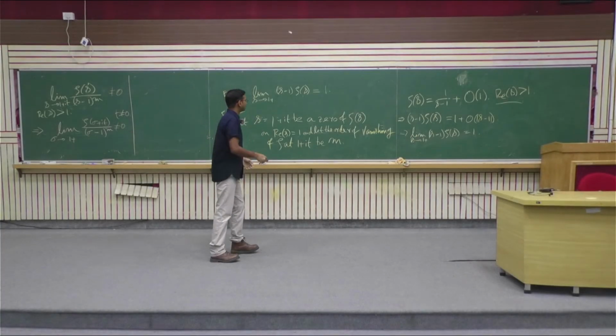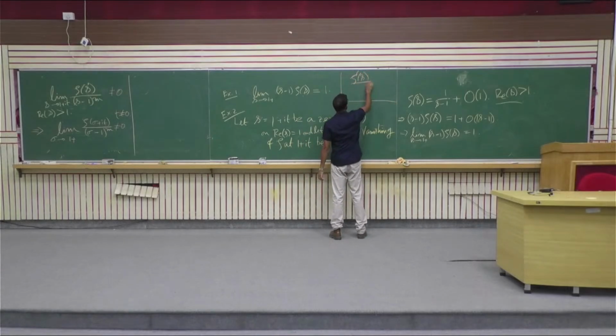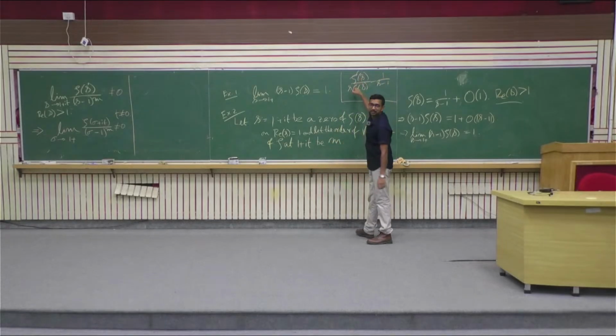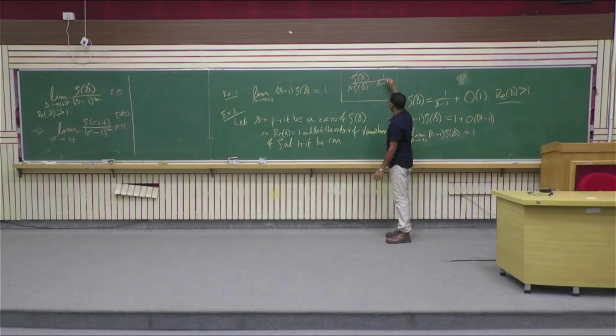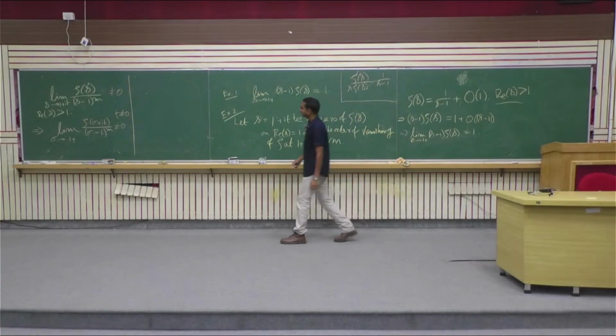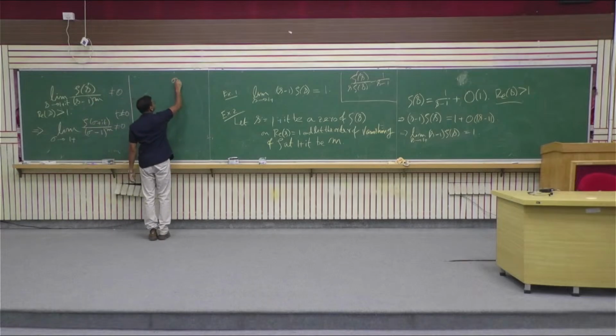So the function that we considered was zeta prime s by zeta s minus 1 by s minus 1. Now since this has a pole of order 1 at s equal to 1 with residue 1, when we subtract 1 by s minus 1 from this it is not having any poles anymore at s equal to 1. Okay, so we have to consider now all the other points, that is all the other points of the form sigma plus it with t not equal to 0.